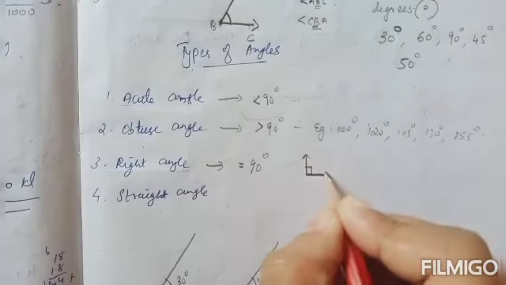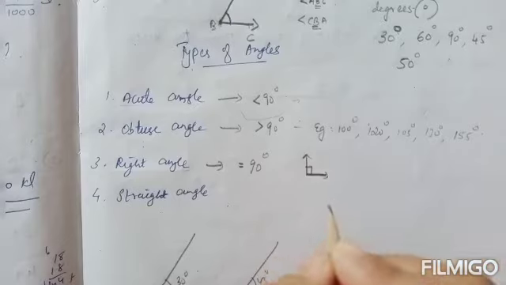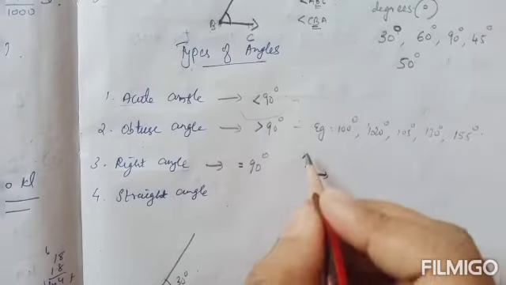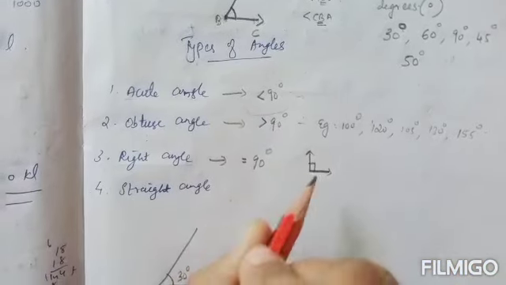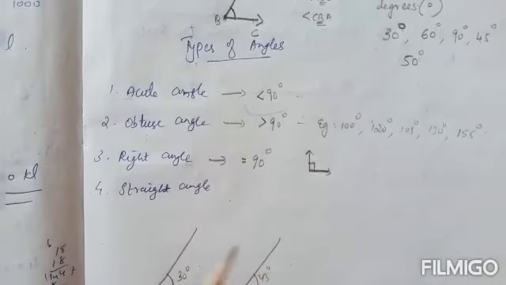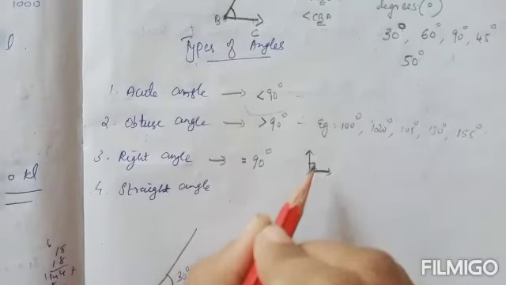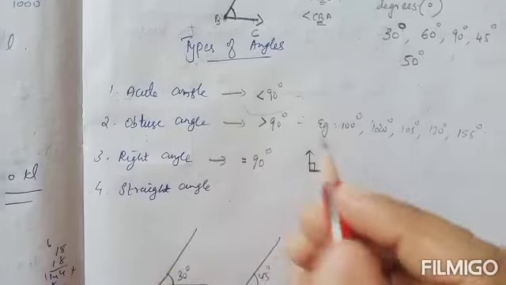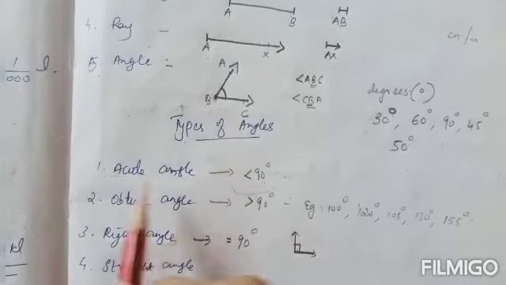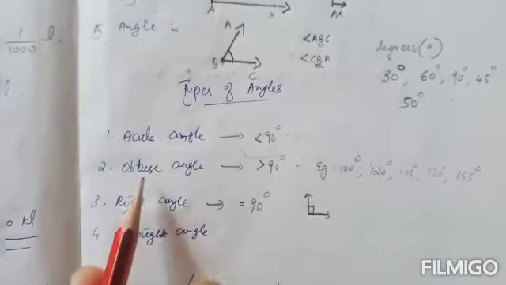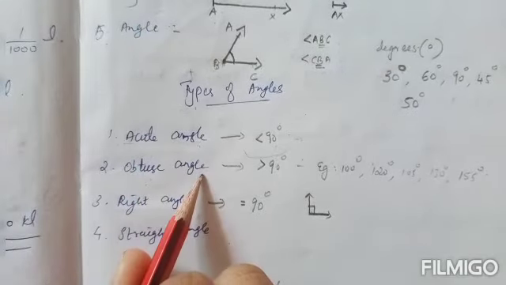Right angle is always an L-shaped angle. So this angle is called a right angle. If the measurement of angle is 90 degree, it is called a right angle. Less than 90 degree, it is called acute angle. Greater than 90 degree, it is obtuse angle.